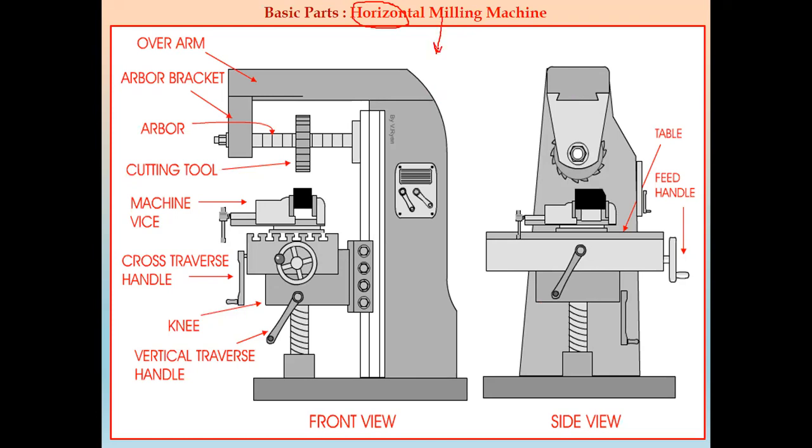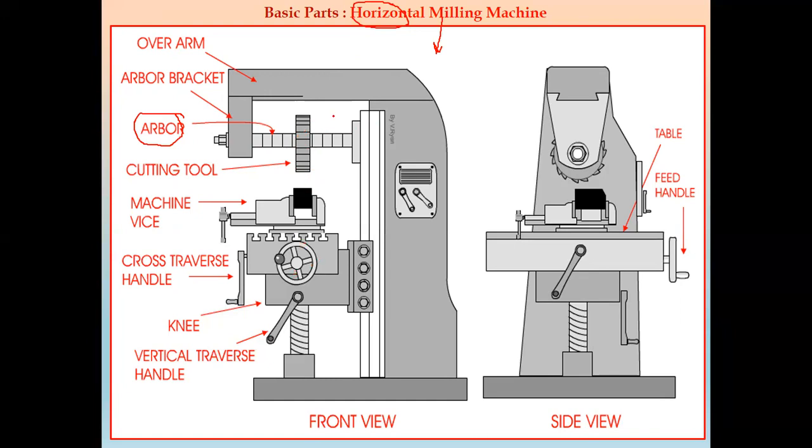Instead of the arbor, in the vertical milling machine we have a spindle and a chuck, by which we can fix the milling cutter into the spindle. In the horizontal machine, other than the arbor and arbor bracket, all other parts are the same.